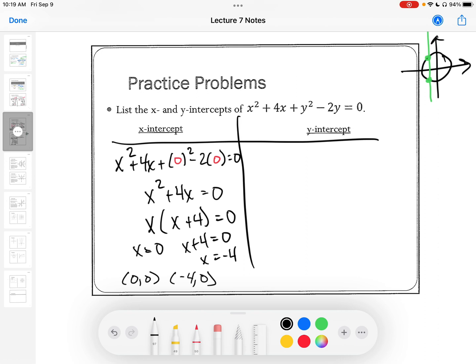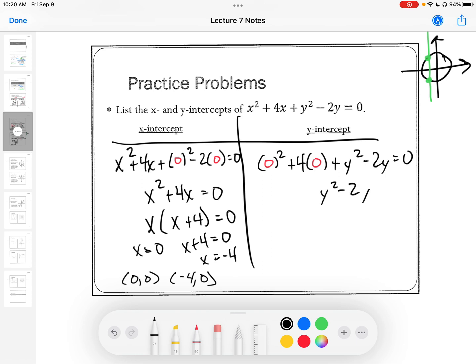Okay. Y-intercept is going to be super, super similar. Okay. I'm going to go through here. It's not x squared. It's 0 squared now. Plus 4 times, not an x, because we're plugging in a 0 for our x's, plus y squared minus 2y equals 0.